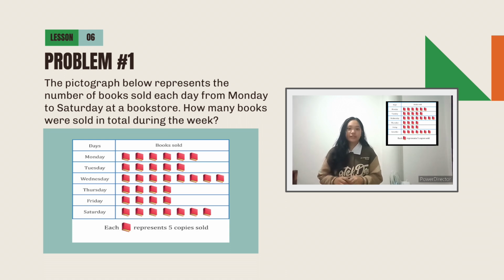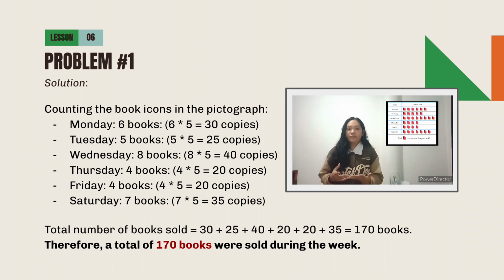On Saturday, there were 7 book icons accounting for 35 books. To find the total number of books read, we simply added up the quantities from each day. So 30 plus 25 plus 40 plus 20 plus 20 plus 35 equals 170 books.